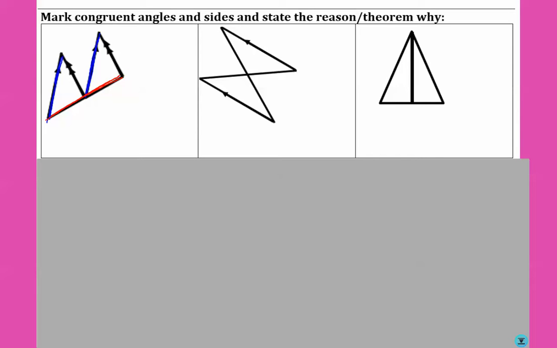That information tells us that these two angles are congruent because they are corresponding angles. Similarly, these two sides are parallel, so these would also be corresponding angles.